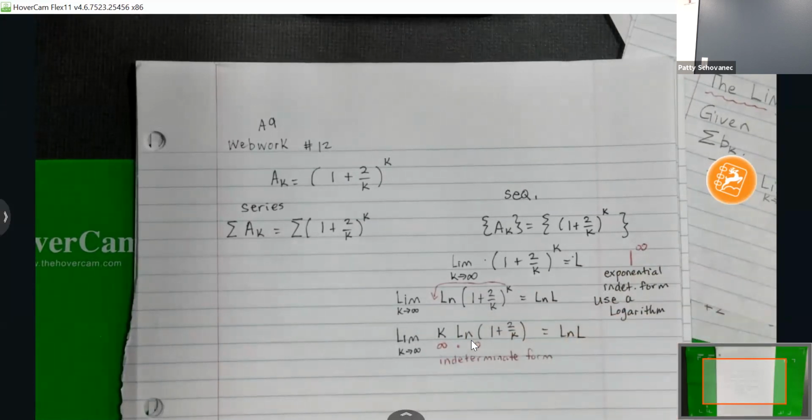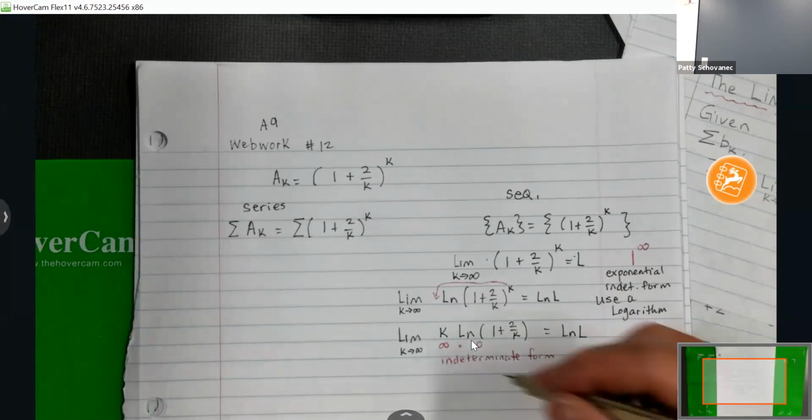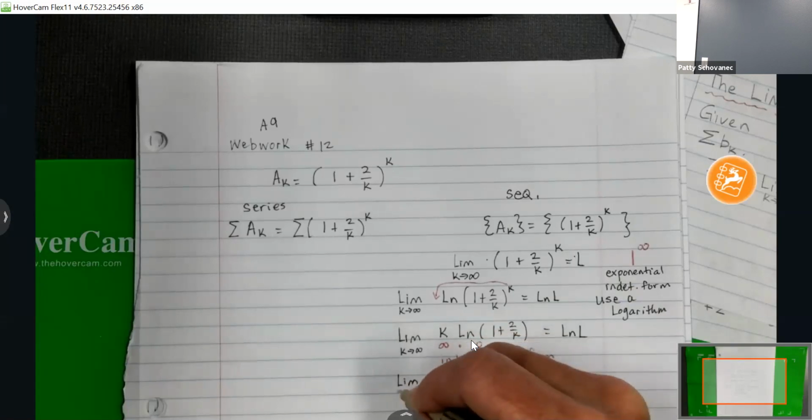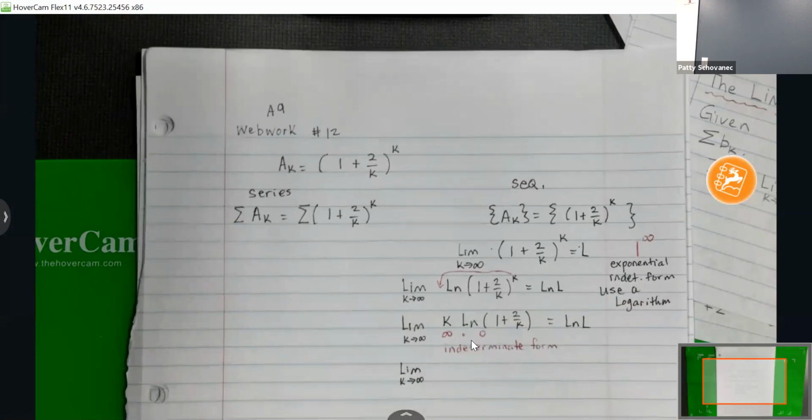We're trying to get it to the form of either 0 over 0 or infinity over infinity so that we can use L'Hopital's rule. If you remember back in the good old days in Calculus 1, the way we did this is we took this polynomial term and we agreed that multiplying by k is the same as dividing by 1 over k.